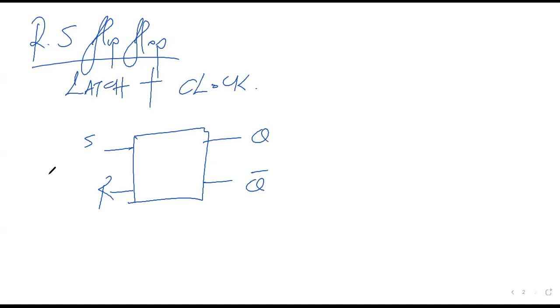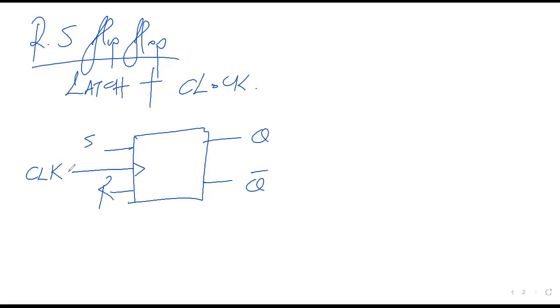With the flip-flop, we now have a clock. And that clock is edge triggered. Which type, negative or positive? Positive. Positive edge triggered RS flip-flop. That's the difference between the latch and the flip-flop. Now we have a clock.